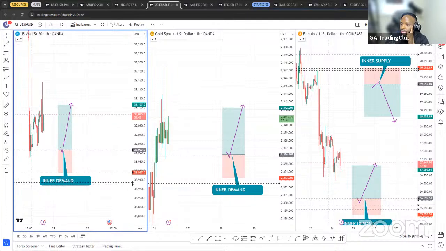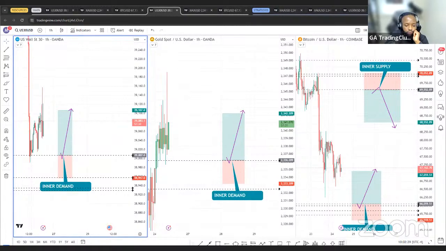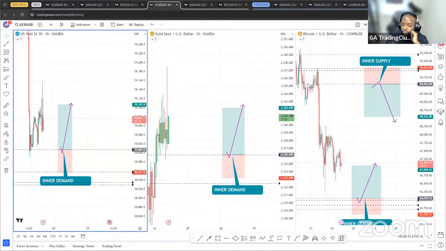There's that EU entry. So EU, let's see for EU. Let me share my other screen and see. For EU, this is what we were waiting for.